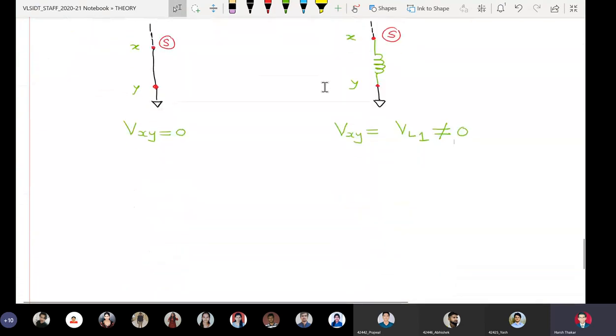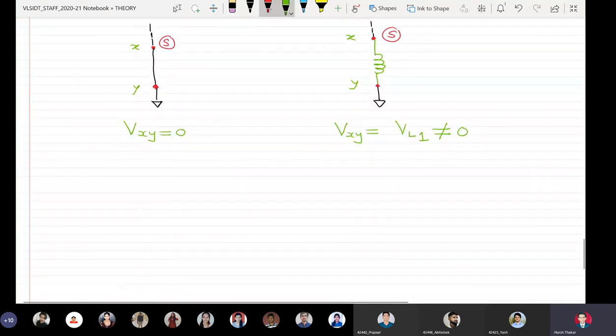So these two circuit diagrams can technically be called like this. This is called grounded reference.